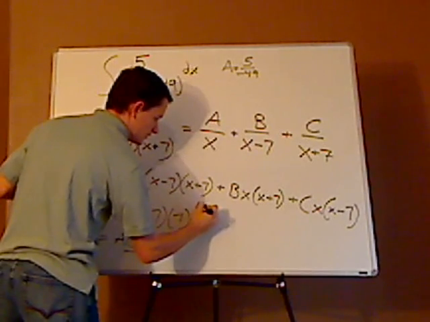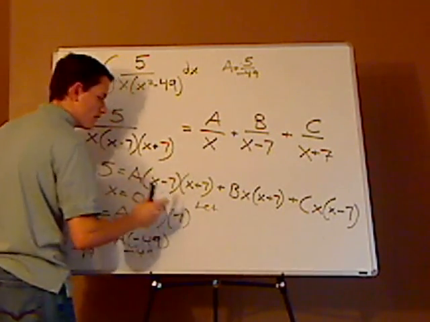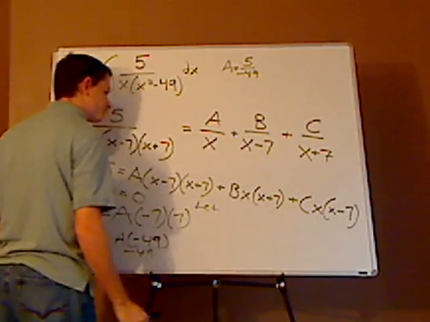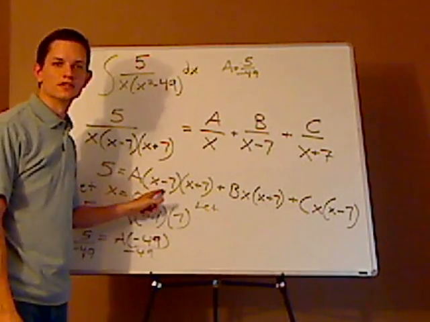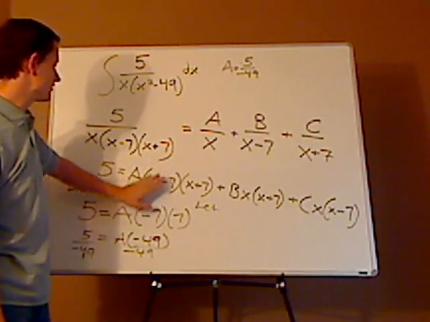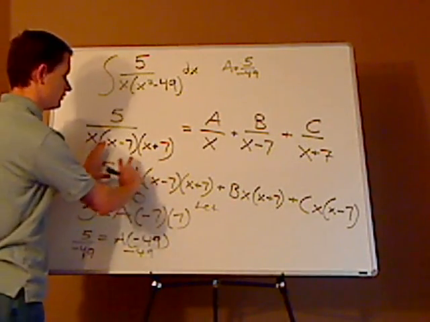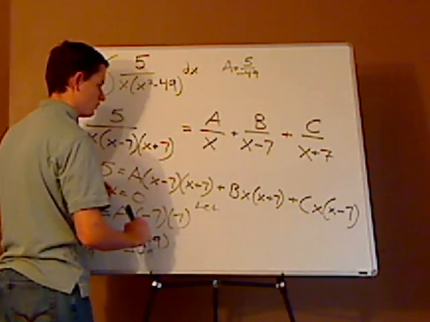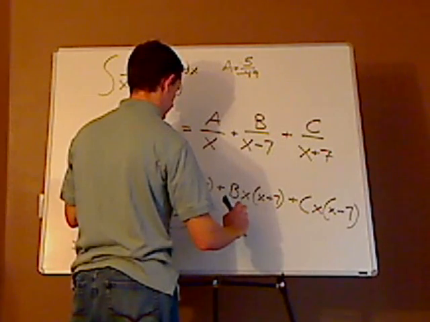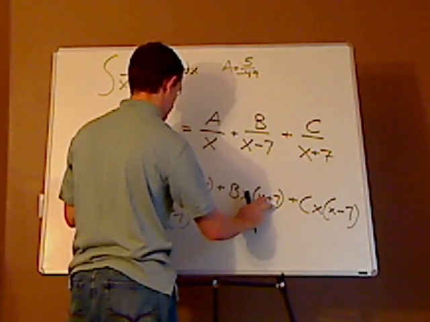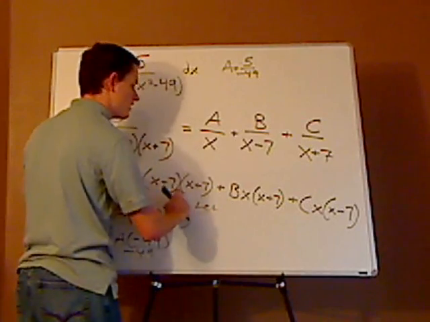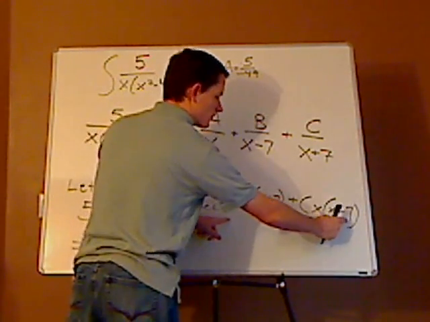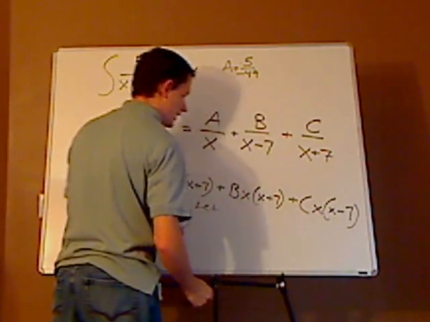Now, let's say I want everything to cancel out except for this middle term right here. So I can plug in a positive 7. If I plug in a positive 7, I get 0 here, and 0 times anything is just 0, so that cancels out. If I plug in a +7 here, those cancel out.